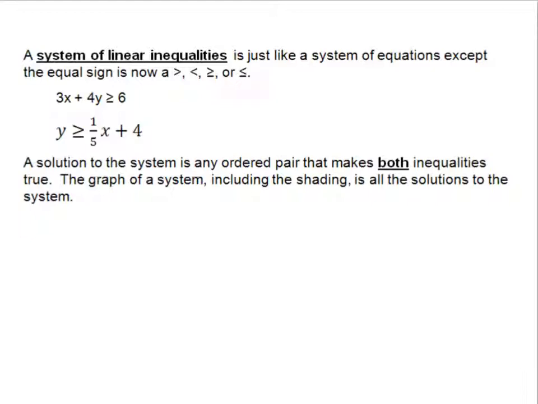So we're going to be doing shading again, just like we did at the end of the last chapter. But this time, since we're dealing with a system, we are looking for where the shaded areas collide.